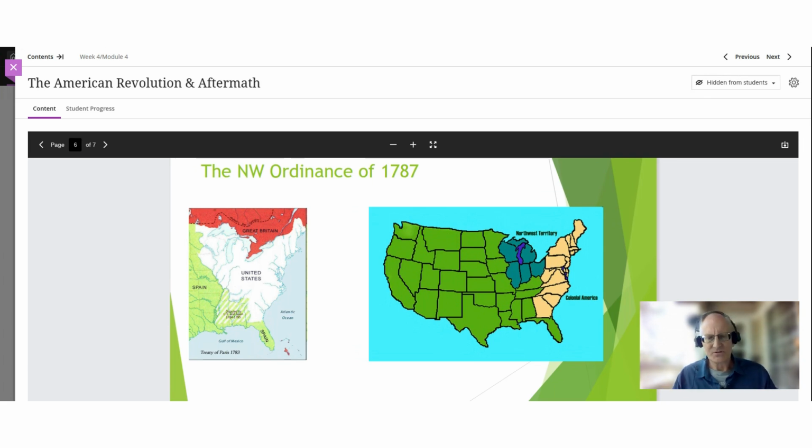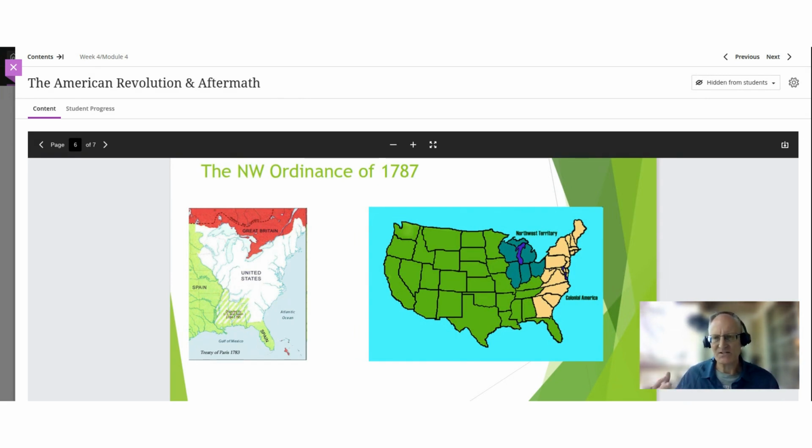So, as a result of the Treaty of Paris, which ended the Revolutionary War, it was the peace agreement that Britain had with the United States. Land was granted to the new United States, which included all lands south of Canada, north of the 31st parallel, basically, you might say the northern border of what is today the state of Florida, and east of the Mississippi River.